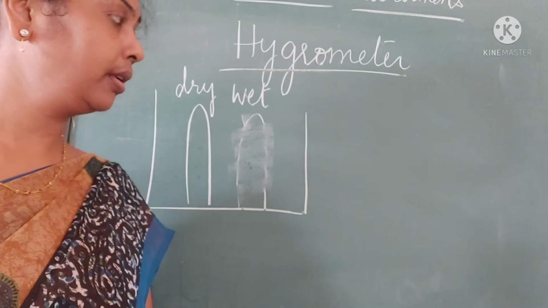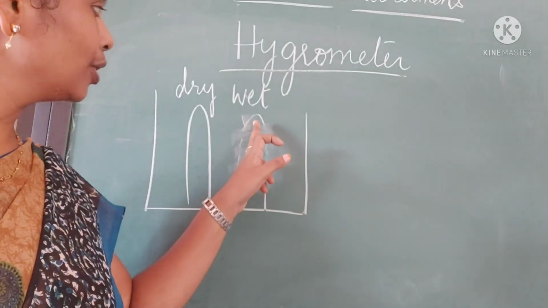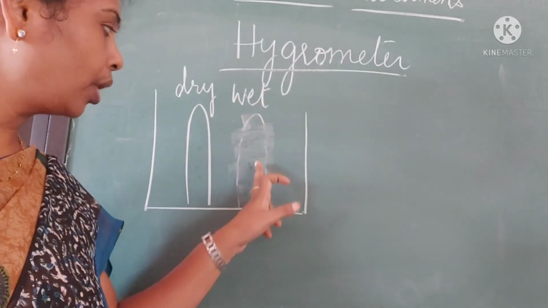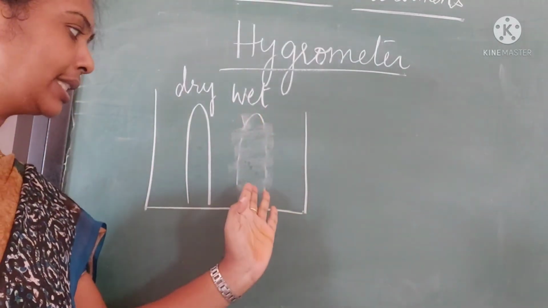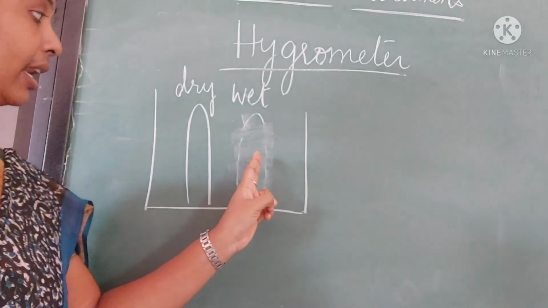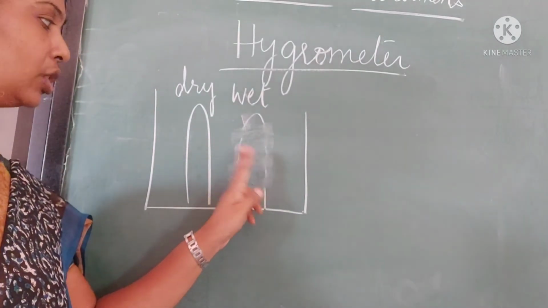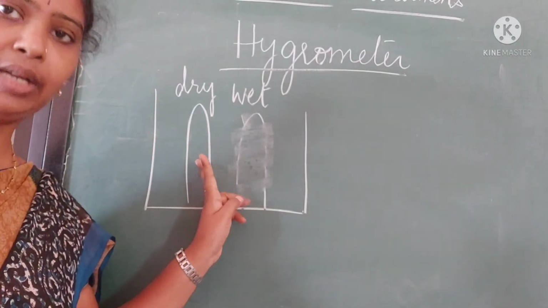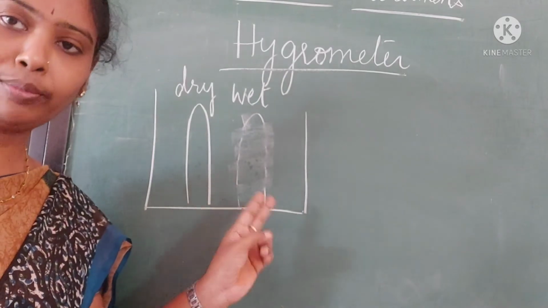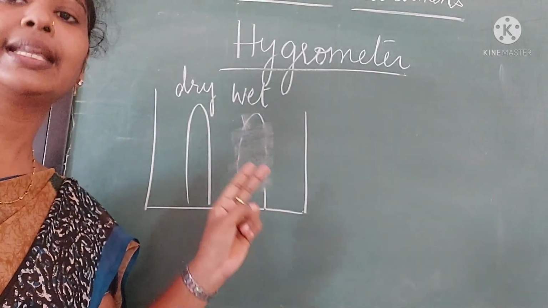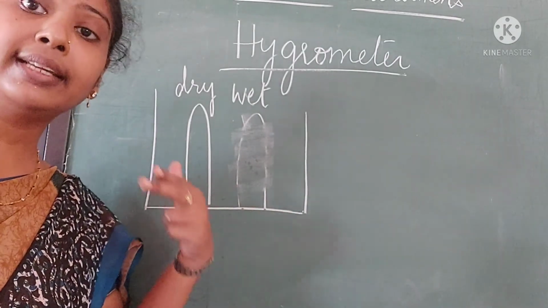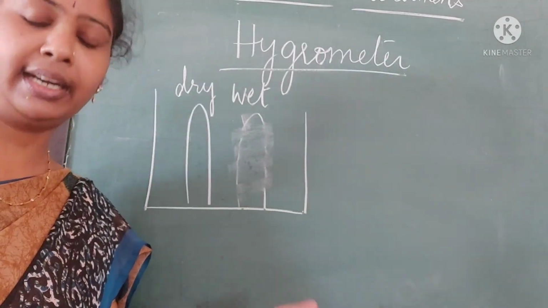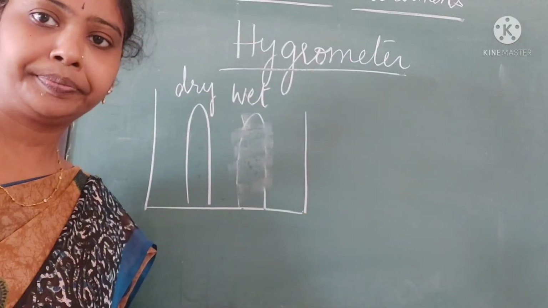Whenever the wind is blowing, the water from the wet bulb thermometer evaporates and it lowers the temperature. When the temperature in these two thermometers is equal, it means that the humidity in the place is 100%, right? And it is about to precipitate, it is about to rain.